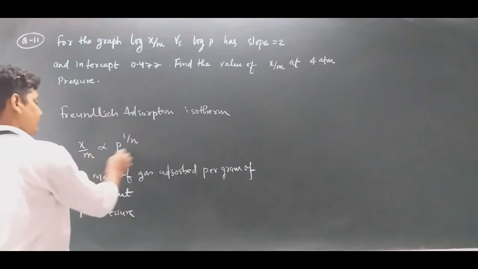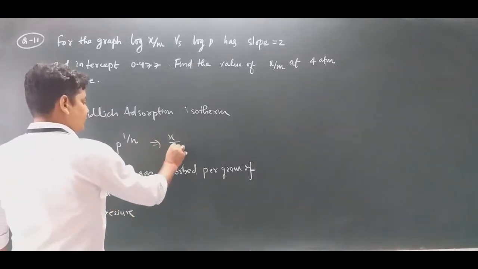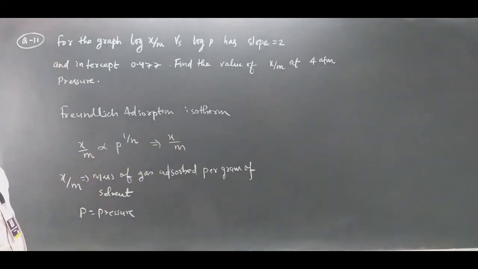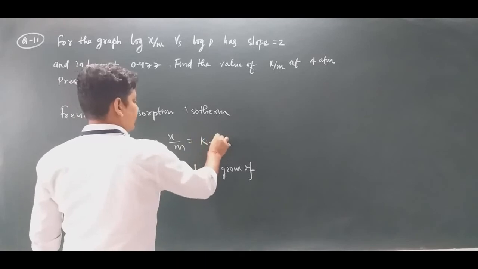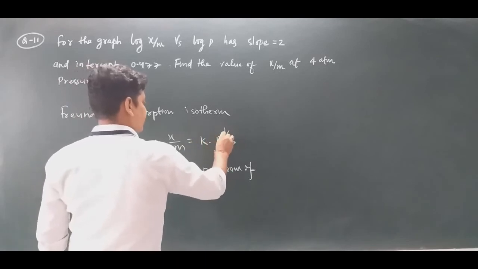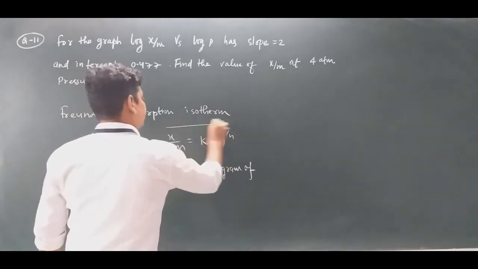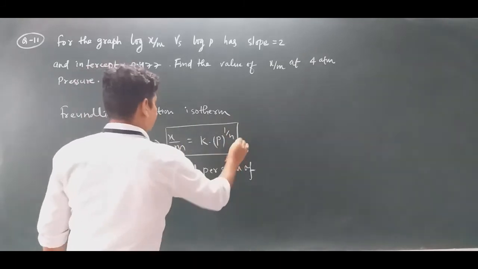If we remove the proportionality sign, we have to put a constant K: x by m equals K p to the power 1 by n. Remember, this is the Freundlich adsorption isotherm.